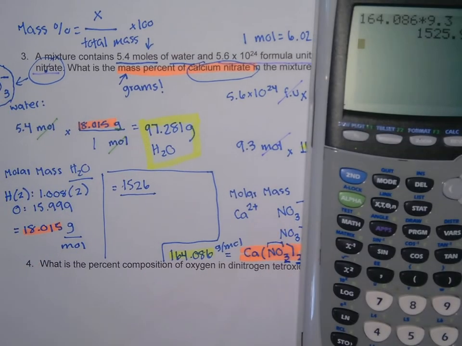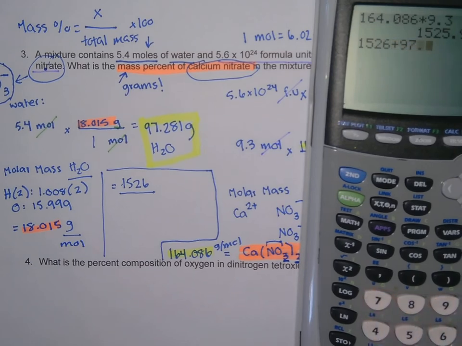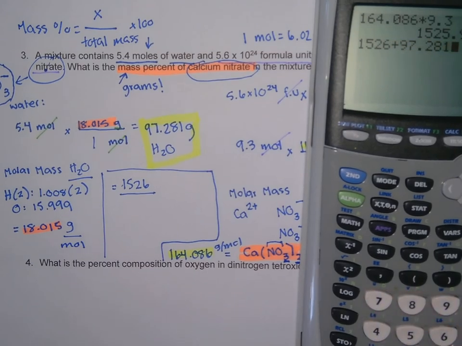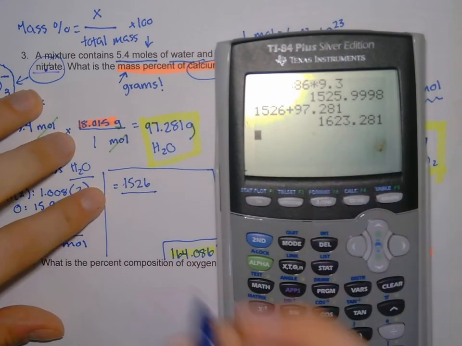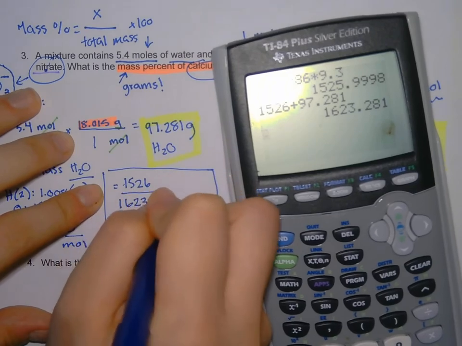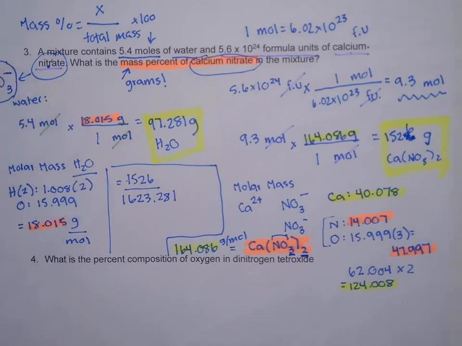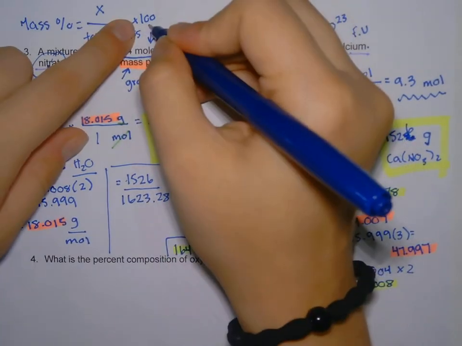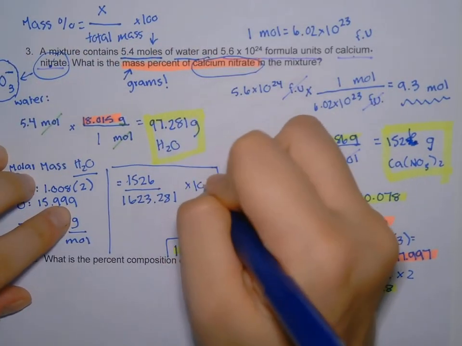So 1526 plus 97.281, and that is my total mass, 1623.281, and then I have to multiply this by 100.